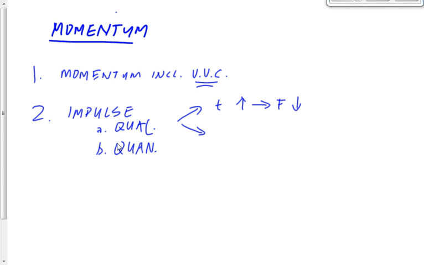You maximize the impulse in one of two ways. You can increase the time of contact, or you can increase the force. Both of those will increase the impulse. So the first one, increasing the time, decreases the force. And the second one, it doesn't. The second one, increasing the force, increases the impulse as well.